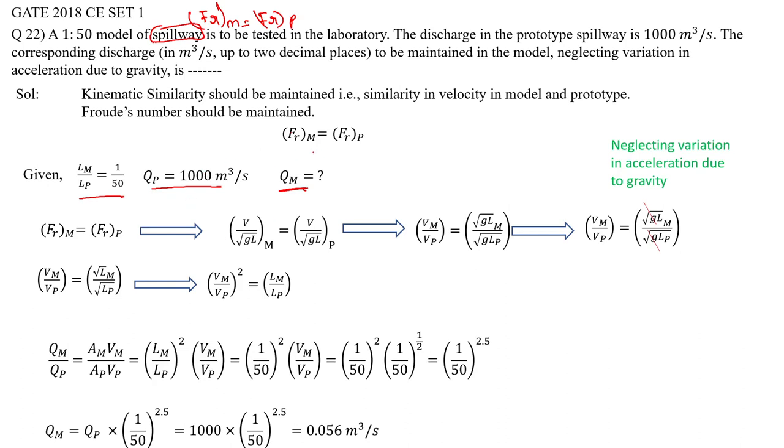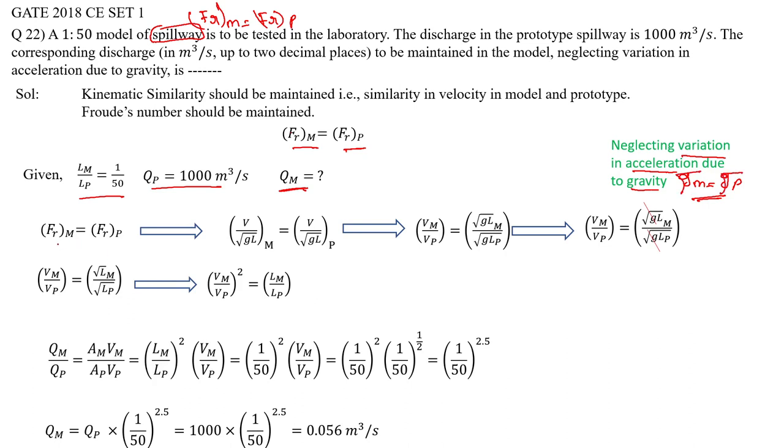So the necessary condition is that the Froude number in the model should be equal to the Froude number in the prototype. Additionally, the question says neglect the variation in acceleration due to gravity. It means that Gm equal to Gp. Whether square root of Gm or anything, it will be the same.